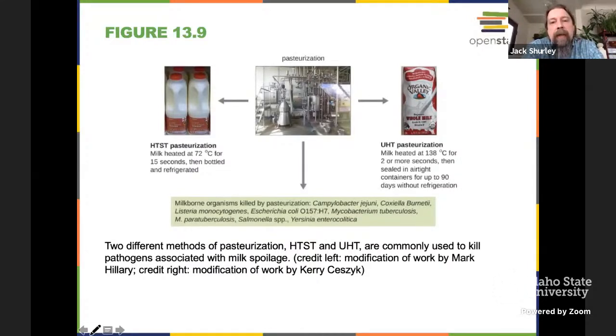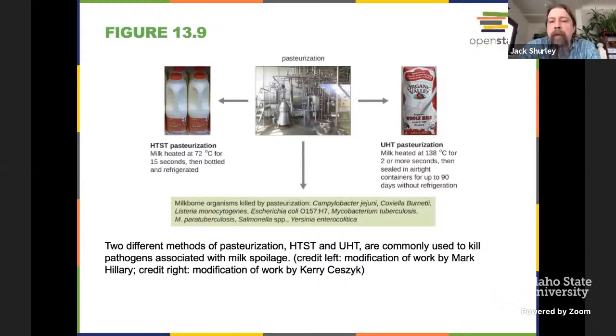Trying to take milk and run it through an autoclave is not the best idea if you want that milk to still be milk. So pasteurization, back to Louis Pasteur, the subject of my coffee cup. Louis Pasteur came up with pasteurization, and there are a couple of new techniques with this that we'll see here, but pasteurization basically heats the product, milk or other stuff, up to kind of like a steam.